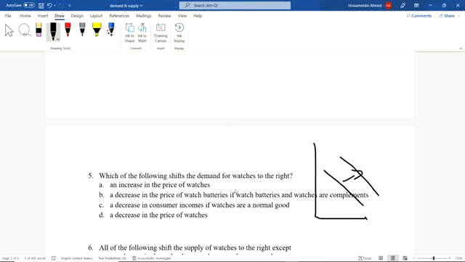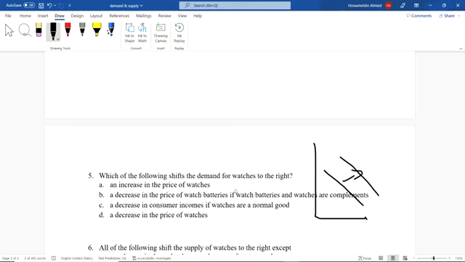Number B, a decrease in the price of watch batteries if watch batteries and watches are complements. Now we are talking correctly. If watch batteries and watches are complements, then if the price of watch batteries decreases, it will eventually lead to an increase in the demand for watches, as they are considered to be a package.